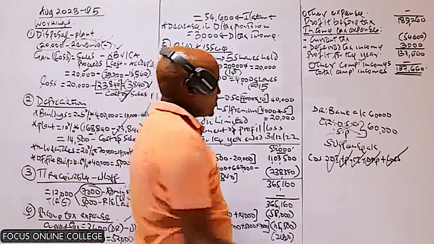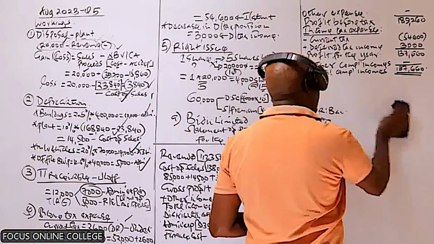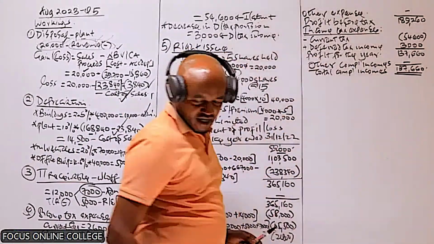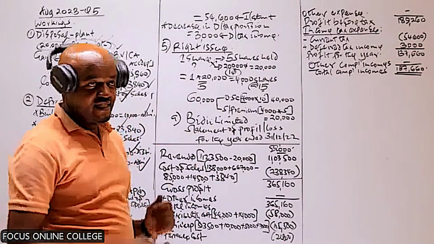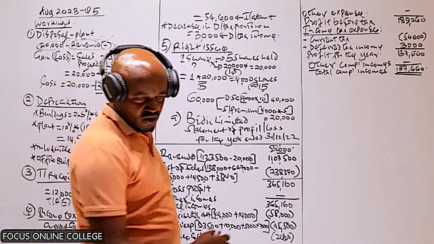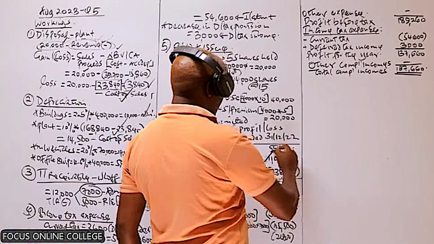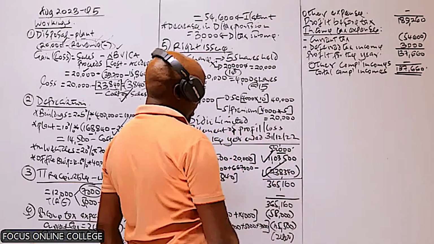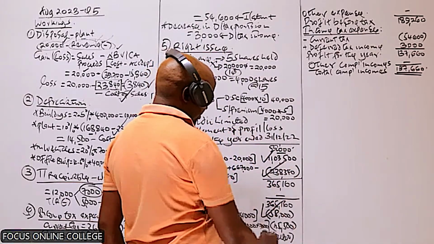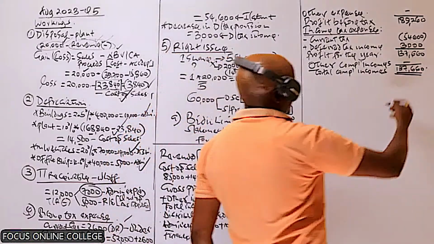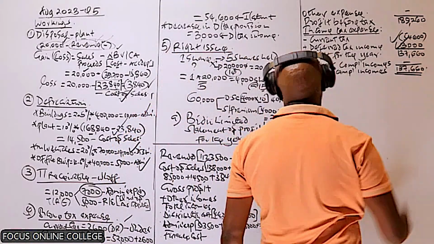So that's what was required in part A of that question, and the marks allocated there were 6. These are the items which will give you those 6 marks.